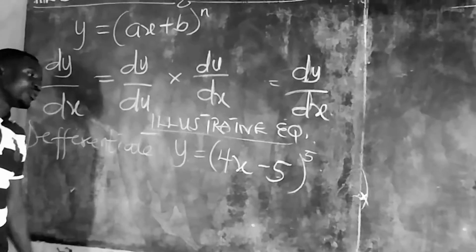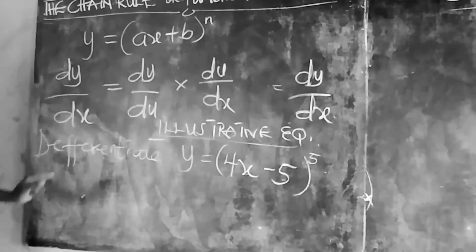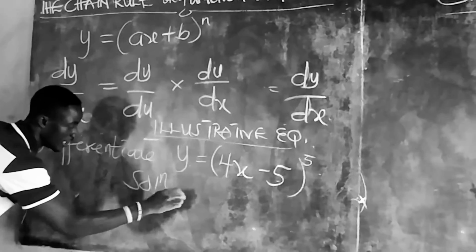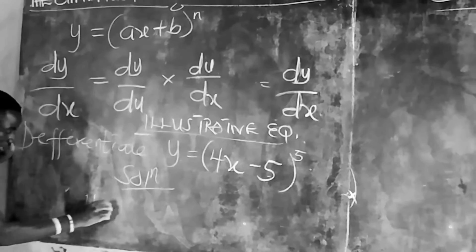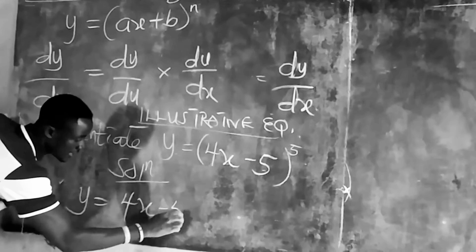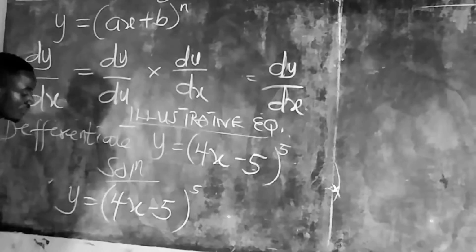As I said earlier, with this one you cannot use the basic notations to differentiate this function. So, solution: write the function again. y is equal to (4x - 5) exponent 5.